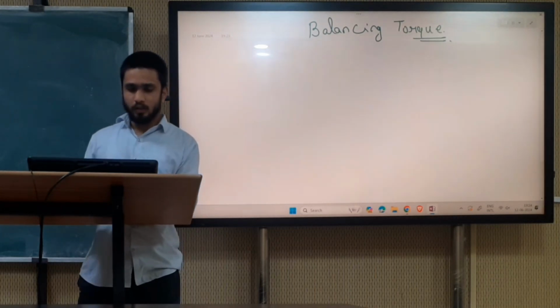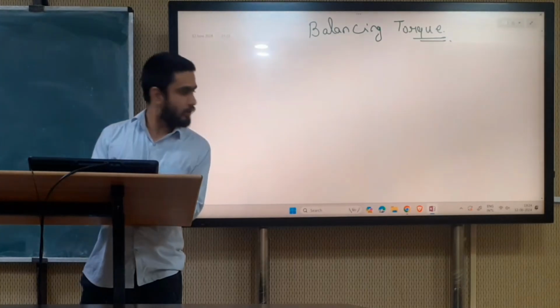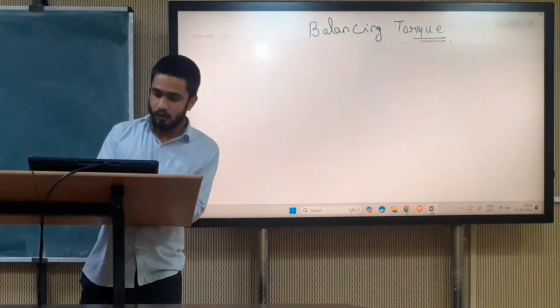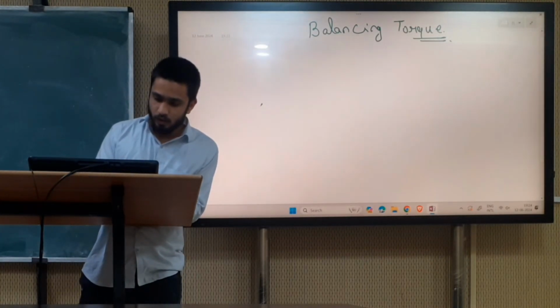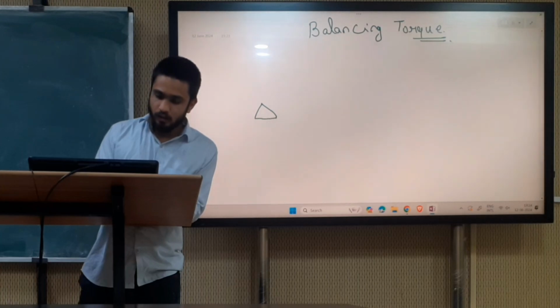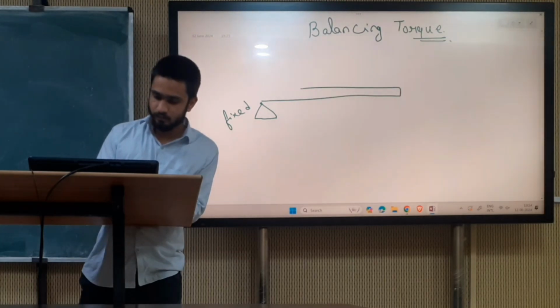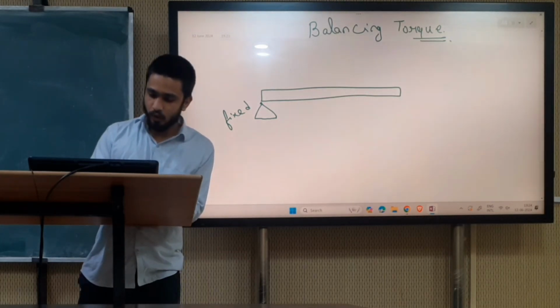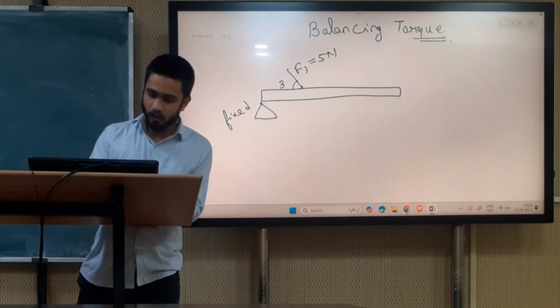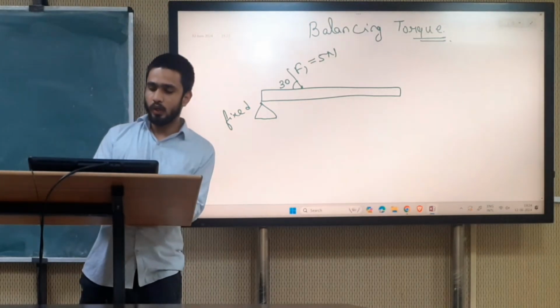Suppose there is a situation like this. A rod is there which is fixed here, and here a force F1 is applied, of magnitude 5 newtons at an angle of 30 degrees.